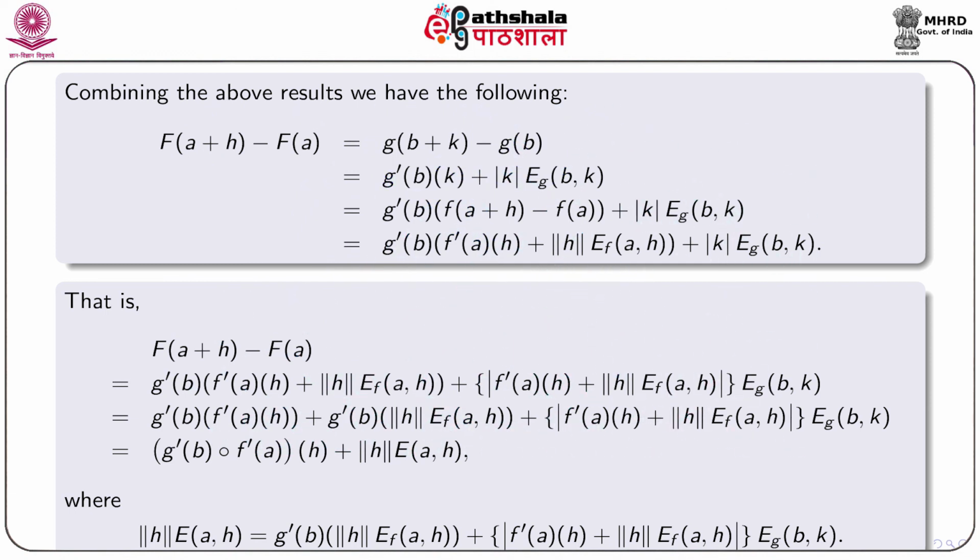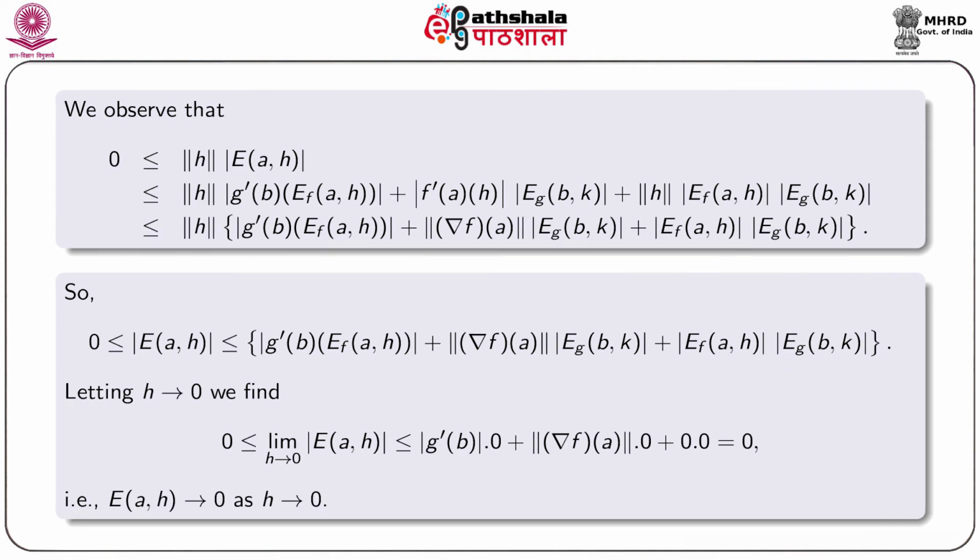So, finally, we have F of A plus H minus F A equal to the composite map g dash B compose f dash A operating on H plus norm H E A H, where norm H E A H is nothing but the sum of the remaining terms, that is g dash B operating on norm H E f A H plus mod f dash A H plus norm H E f A H, this term multiplied by E g B K. Now, we calculate the term norm H modulus E A H. Clearly, it is non-negative.